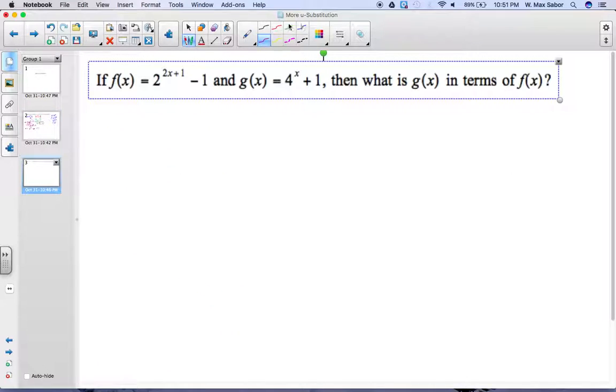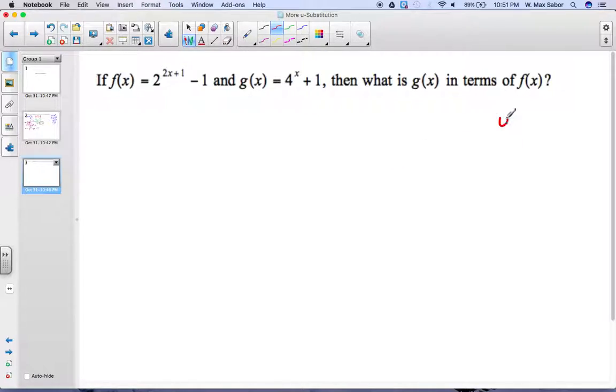Let's do another one with the same idea. So this is number 7 from the same pretest. If you say u equals 4 to the x, you can rewrite both of these with u in them.